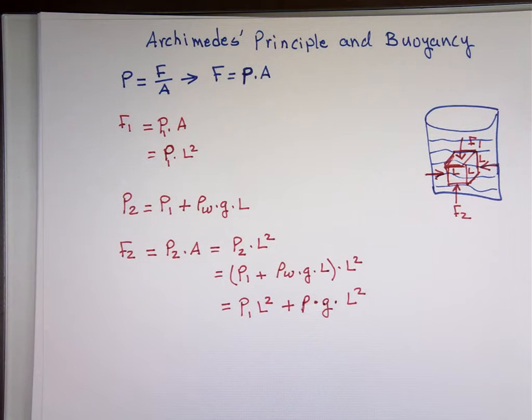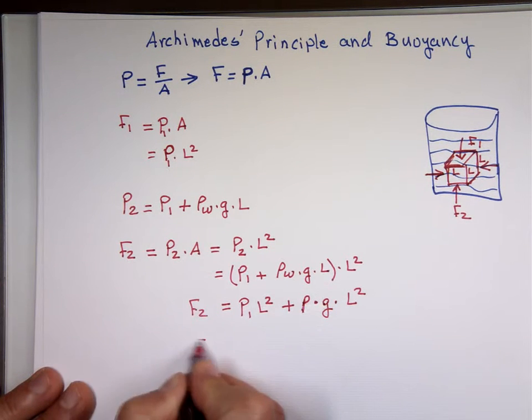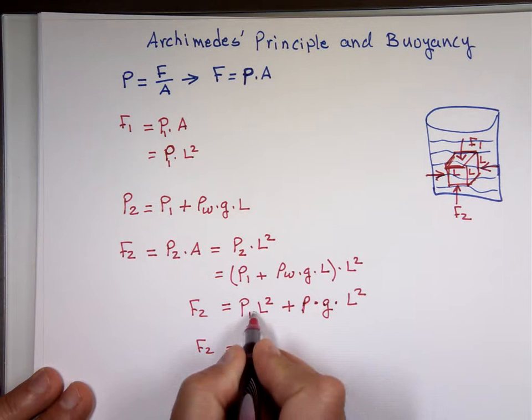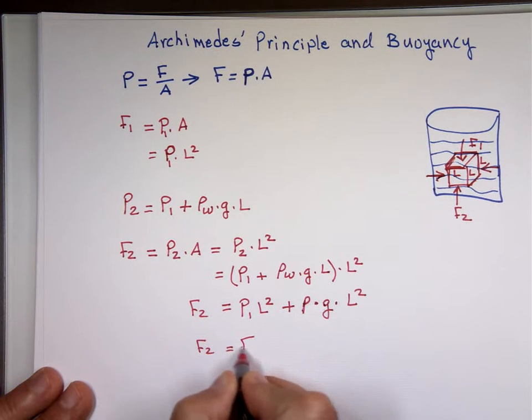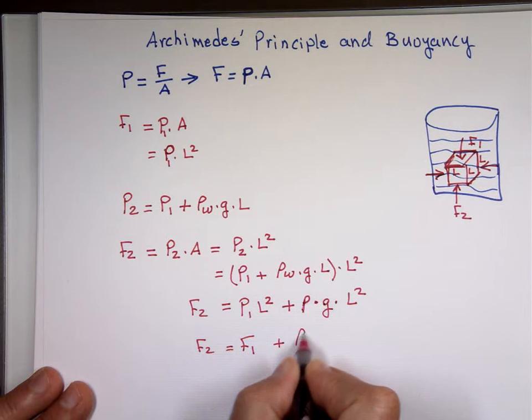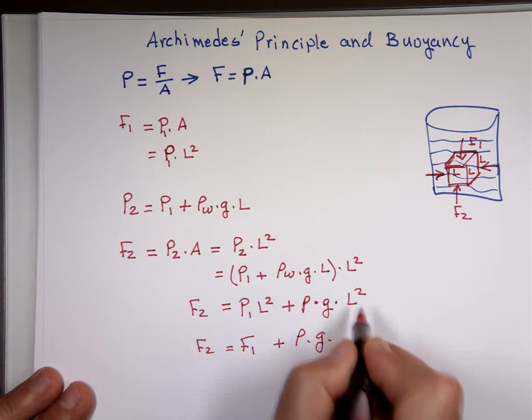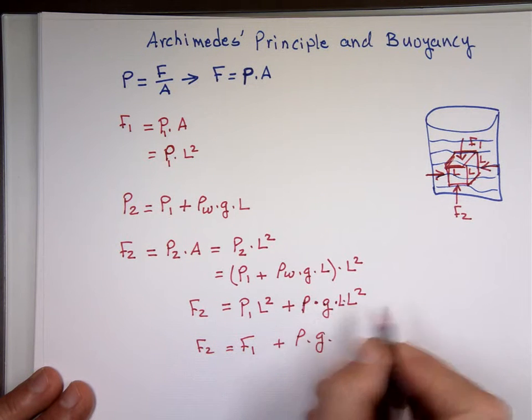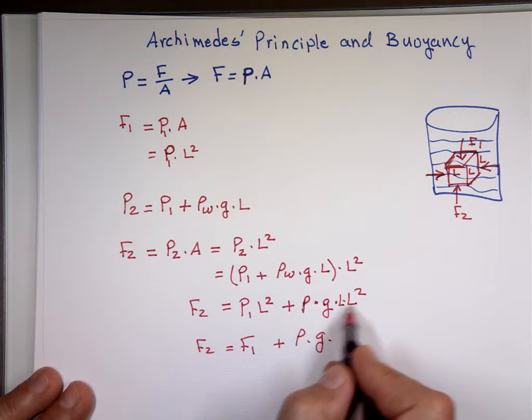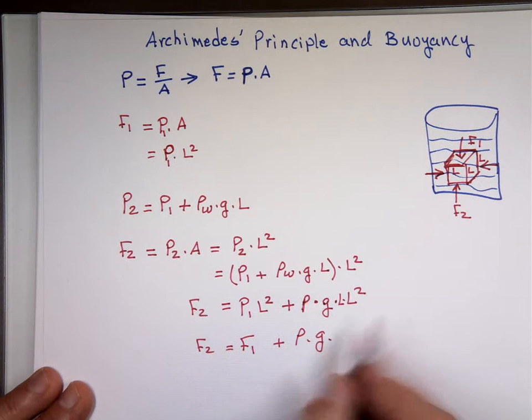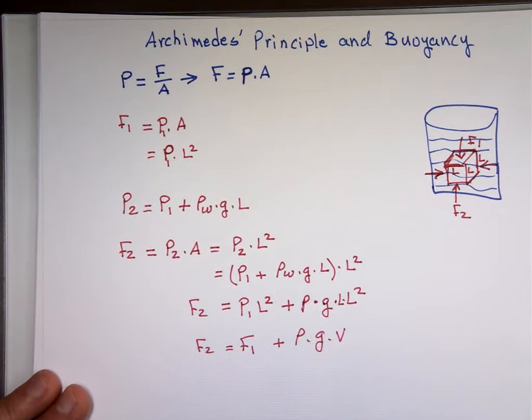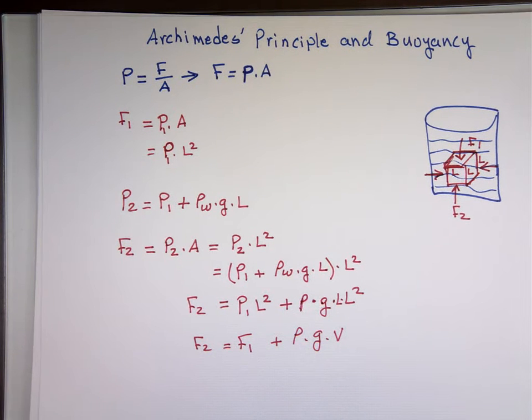That's F2. And if you look at F2, F2 is going to equal F1, this is F1 here, plus rho times gravity times L cubed, right? What's L times L squared? Which is the volume, right? That's the volume of that shape.